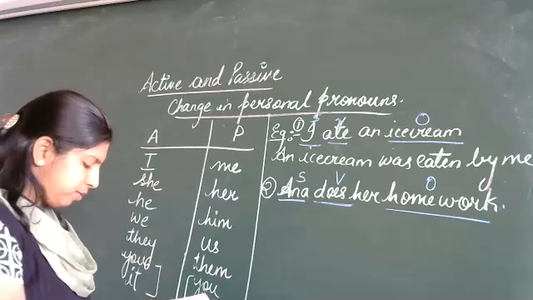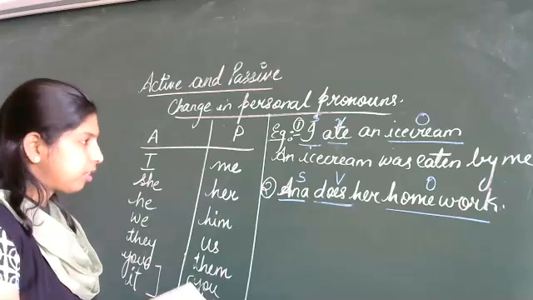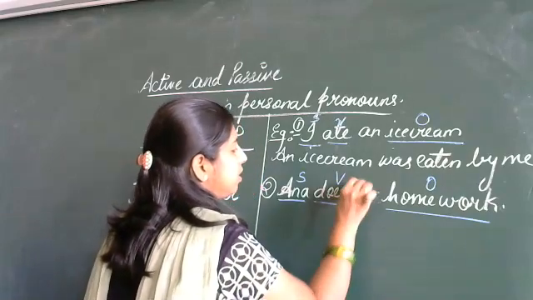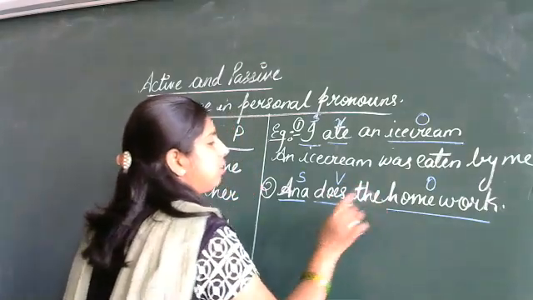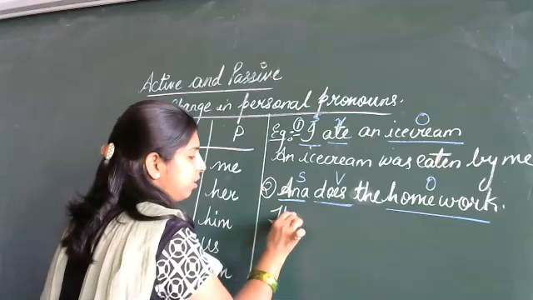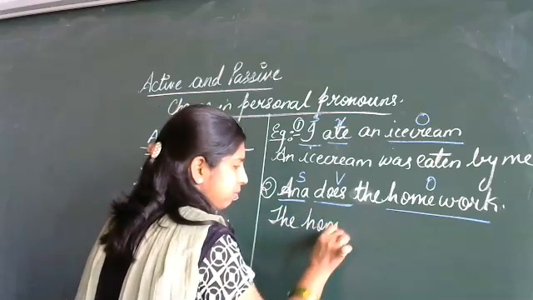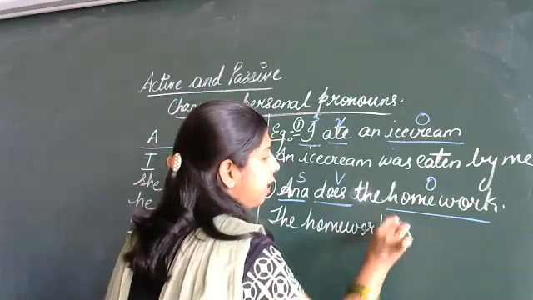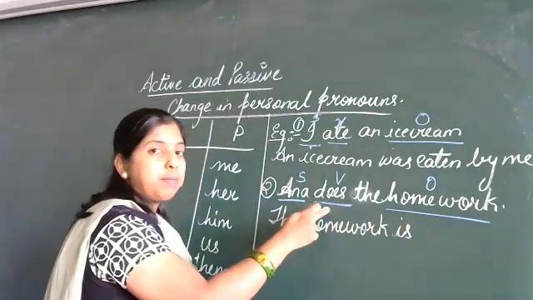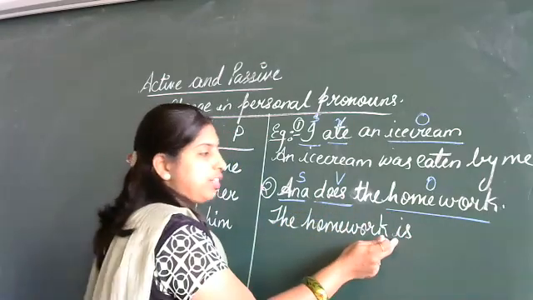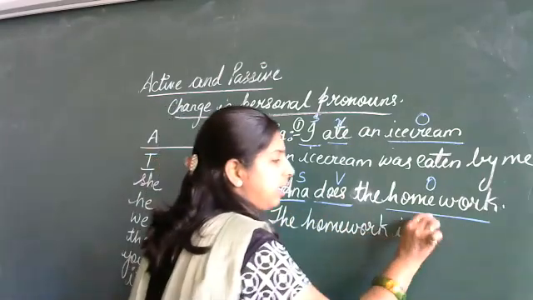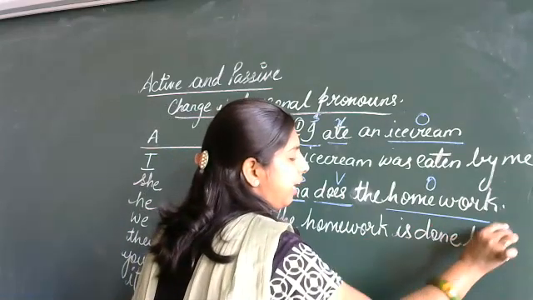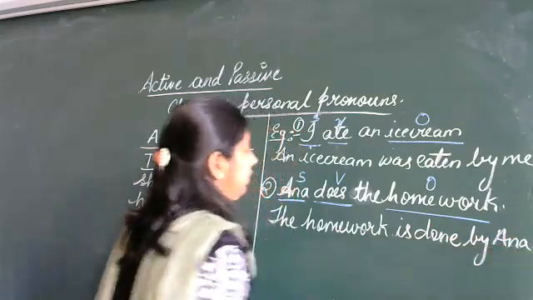How are you going to change? Homework is done by... Here it is the homework is done. Here does is in simple present tense. So here we change to is done. Past participle. By Anna. Yes.